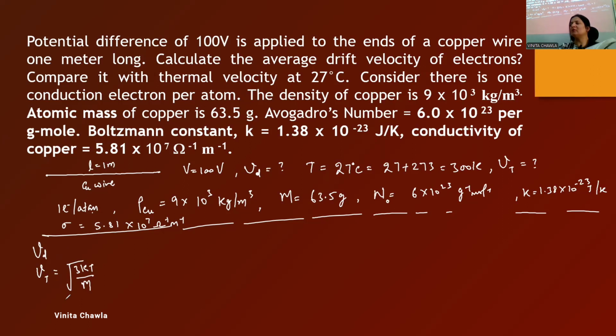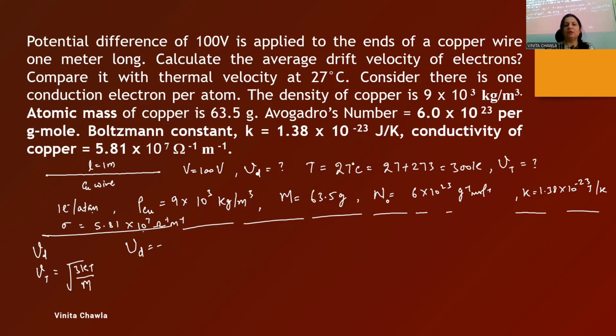And how do we find drift velocity? It's minus E E tau by m. Drift velocity is minus E E tau by m, right? What is drift velocity? Minus E E tau by m. Sorry.